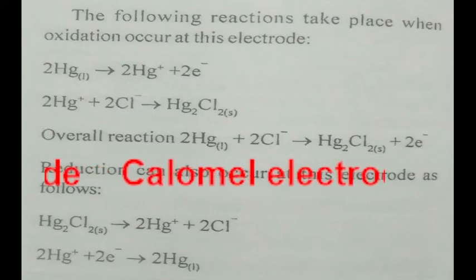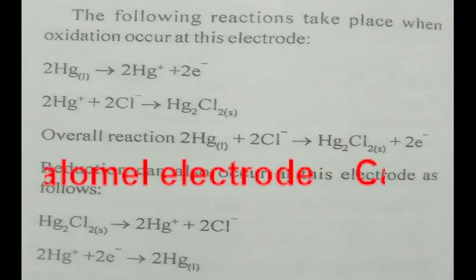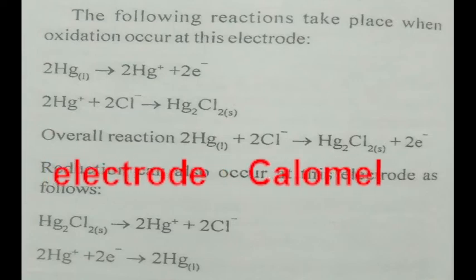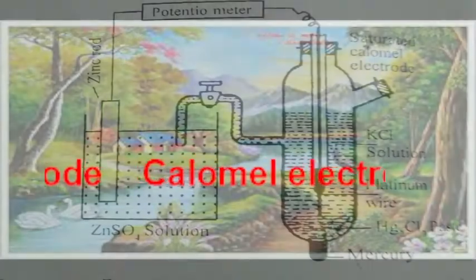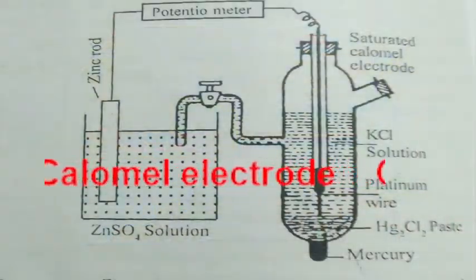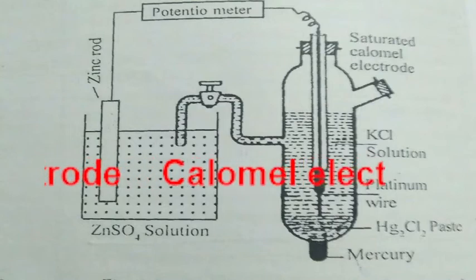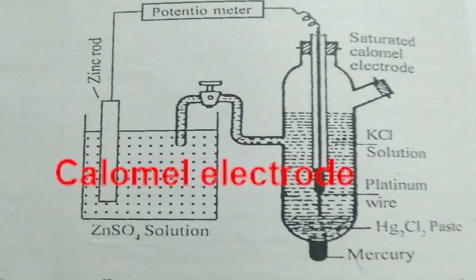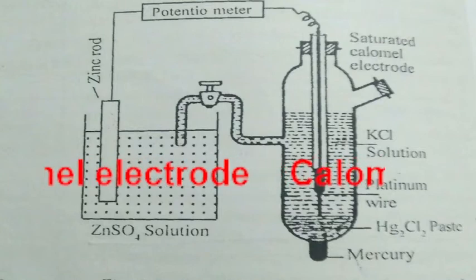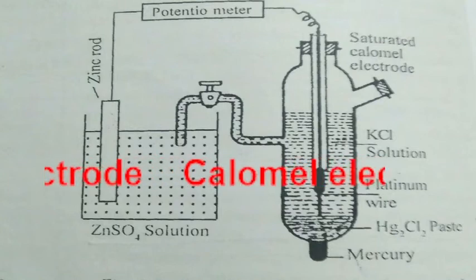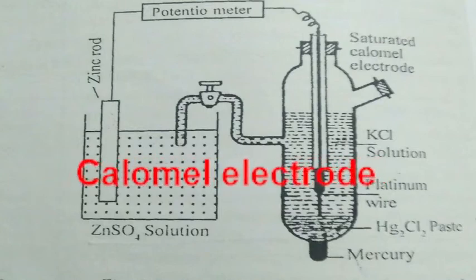So let me conclude. Calomel electrode consists of a glass tube having a side tube, where the side tube functions as a salt bridge. The bottom of the tube is filled with mercury, above which is a paste of mercurous chloride, and the remaining portion, including the side tube, is filled with potassium chloride.